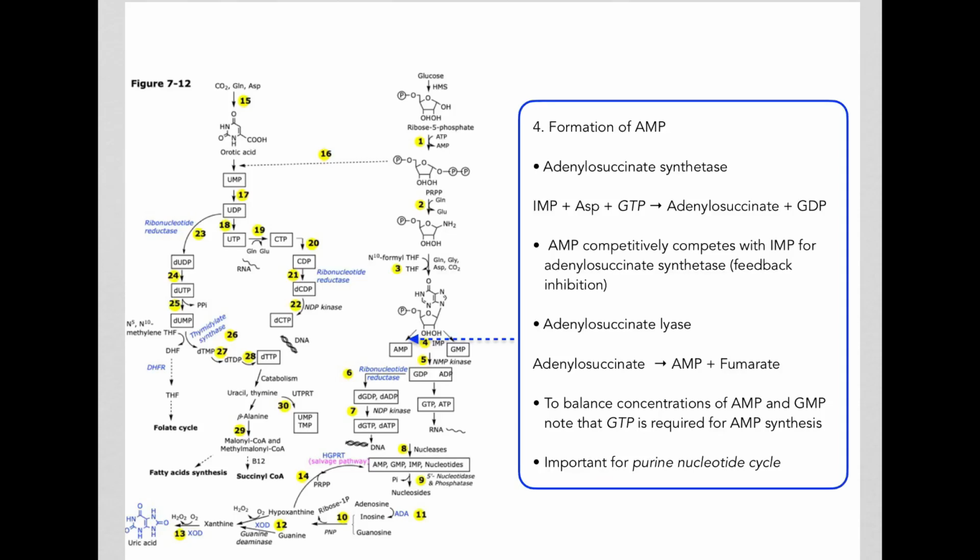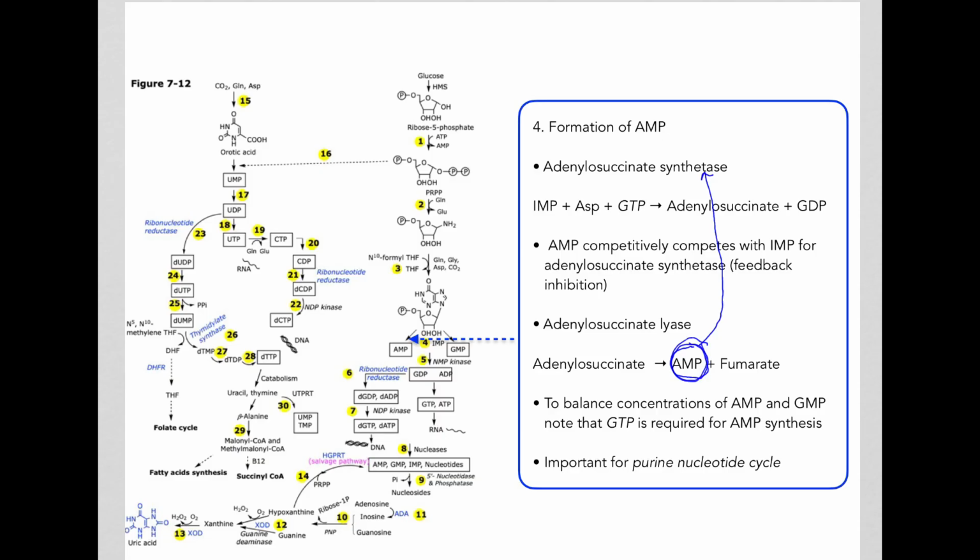Feedback inhibition is a very common way to regulate the amount of a certain intermediate. So as the concentration of AMP increases and increases, more and more will go and inhibit this enzyme and therefore slow down the synthesis of AMP.